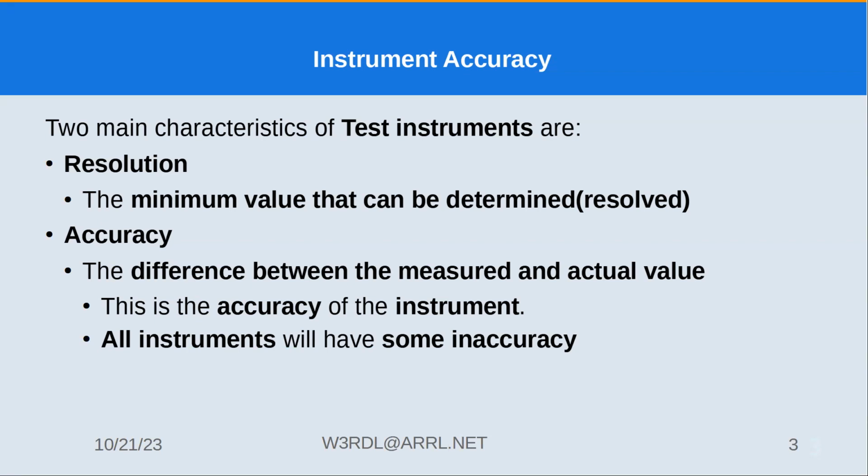You could have resolution on, say, a micrometer down to 10,000th, but it might be accurate to less than a hundredth of an inch.